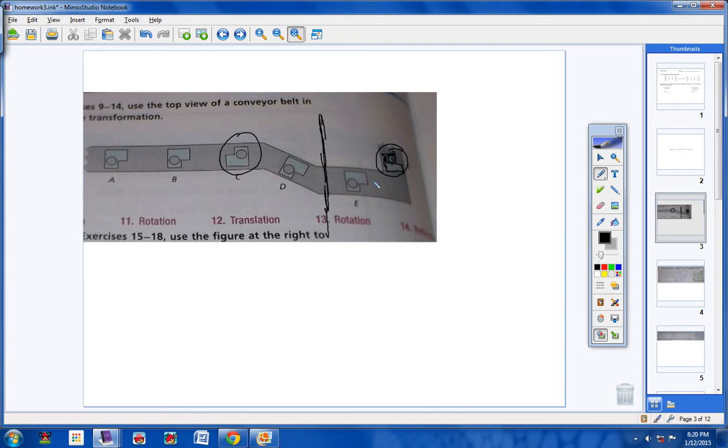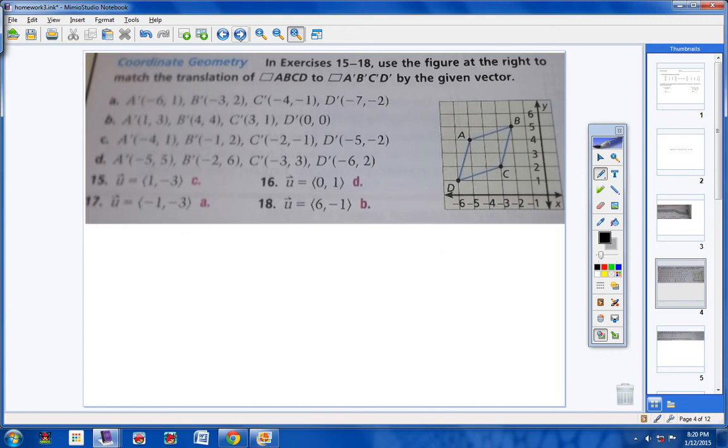So we do have a reflection. We cannot have a translation because notice how the object is turned. It is a reflection.